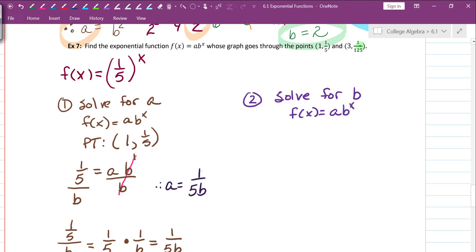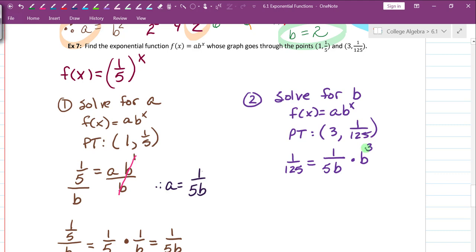So I'm going to use point 3, 1 over 125. So I have 1 over 125 is equal to a. What was a? A is 1 over 5b multiplied by b to x, which is 3.